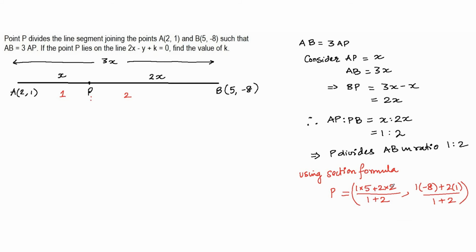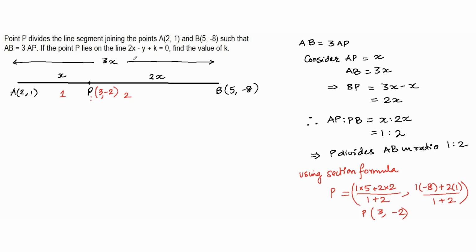And this is going to be 5 plus 4 is 9 by 3, that's 3, comma, minus 8 plus 2 is minus 6 by 3 is minus 2. Therefore, the coordinate of P is going to be 3, comma, minus 2.